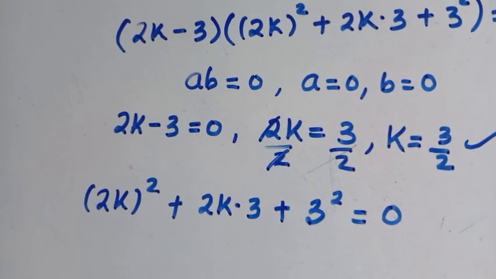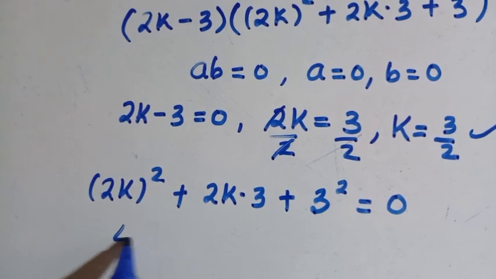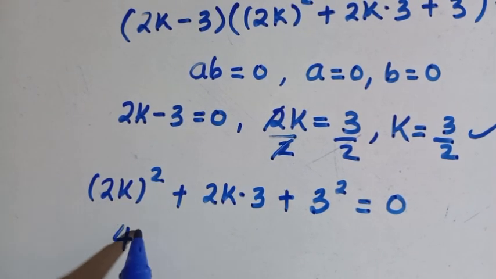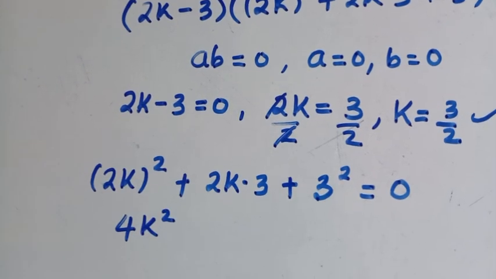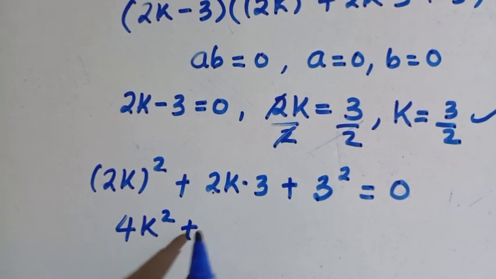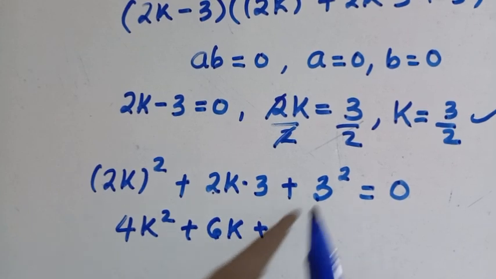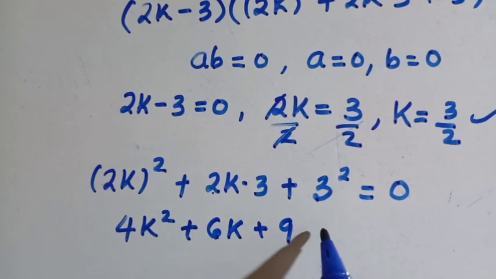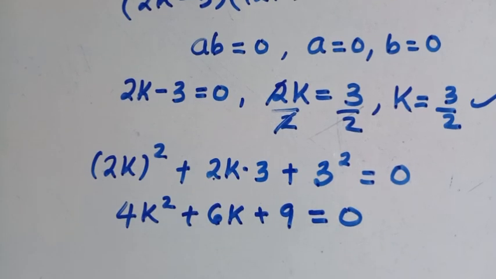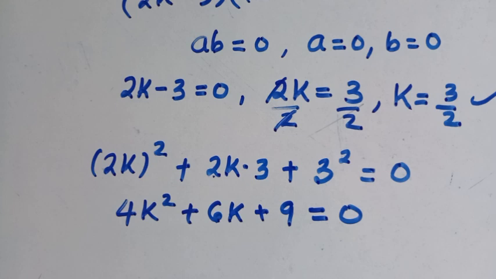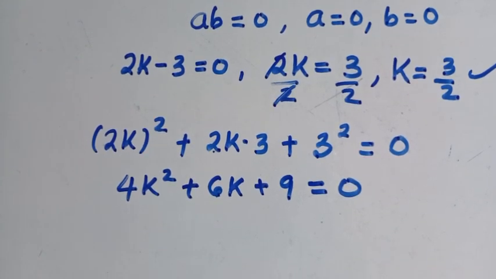So 2 raised to power 2 gives us 4. So here we have 4 multiplied by k raised to power of 2, then 2 multiplied by 3, that is 6k, plus 3 squared is 3 times 3, that is 9, equals 0. We have a beautiful quadratic equation here, as we are going to solve it using the quadratic formula.